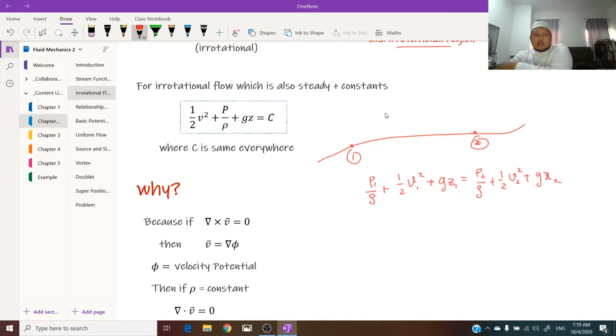This is meant by C being the same everywhere.